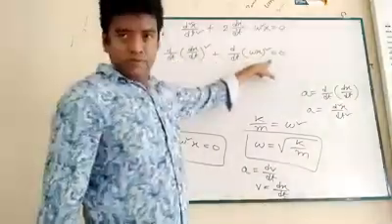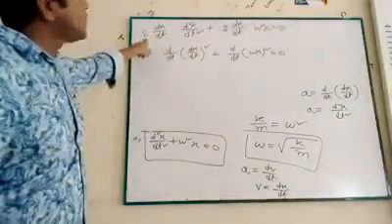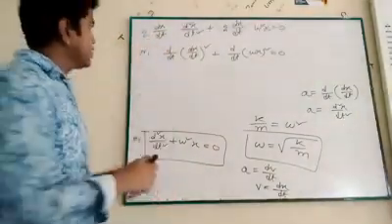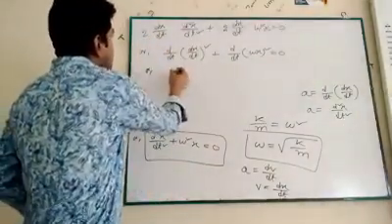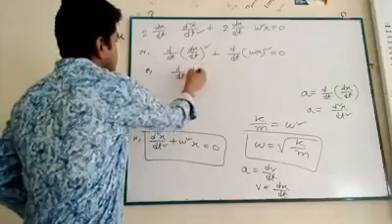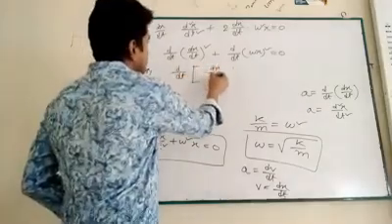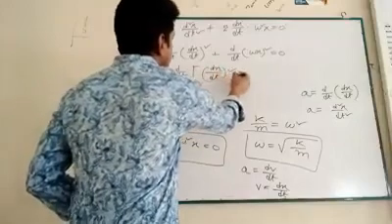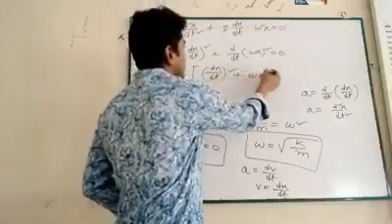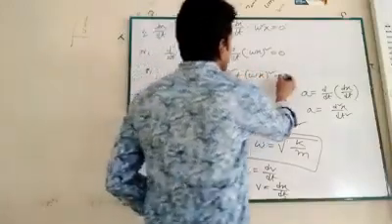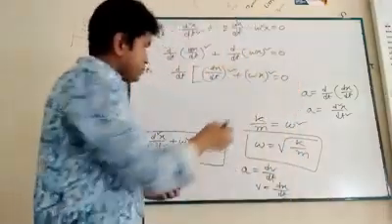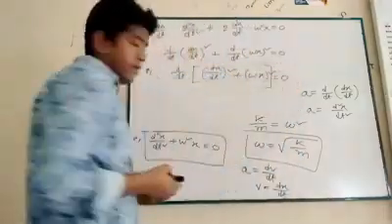If I differentiate this, you can easily get this line. Or d/dt (dx/dt)² plus ω²x² equal to 0.